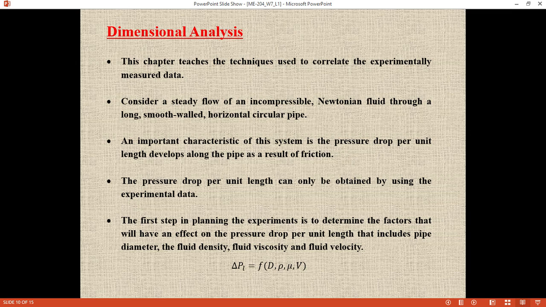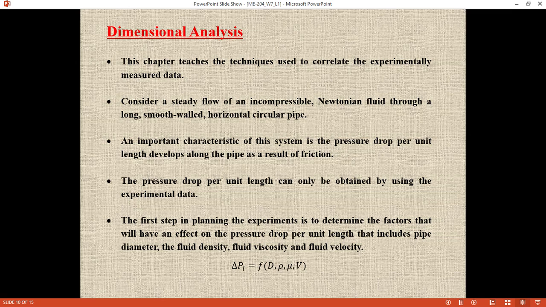For example, if they want to test a component or a phenomenon in real life conditions, such as an aeroplane flying with a particular velocity in space, what is the drag force offered by the air to the plane that we have to calculate?